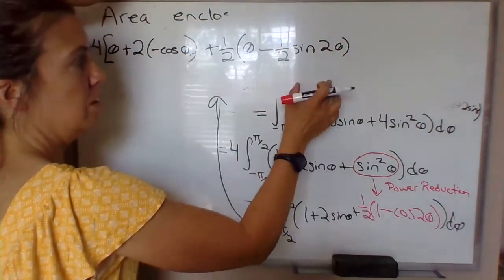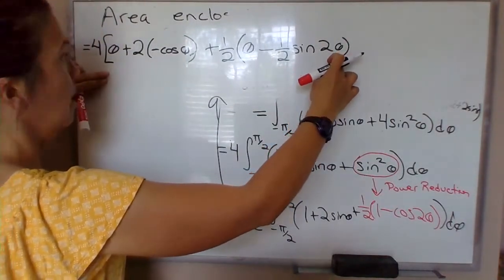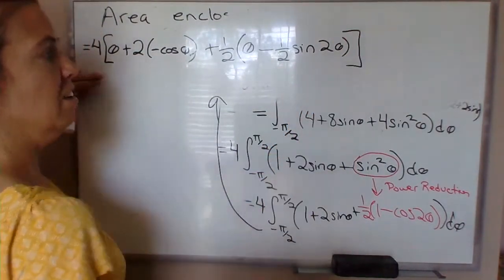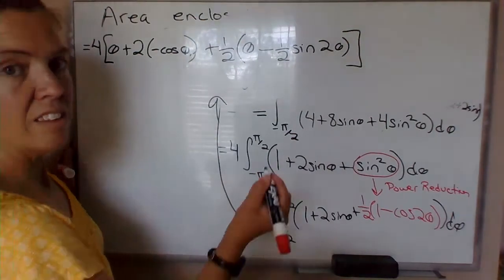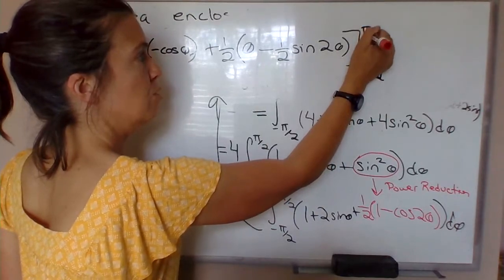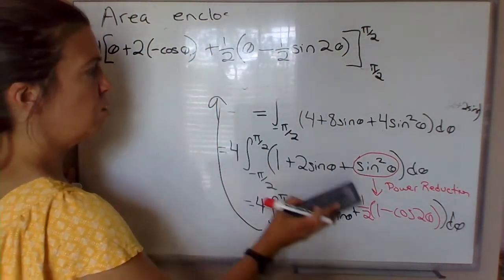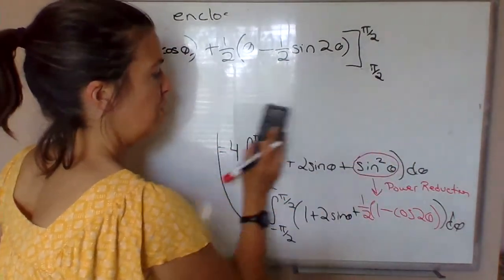There. Okay. And then we've closed this parentheses. Now we need to close the bracket here on our antiderivative. And this is evaluated from negative pi over 2 to pi over 2. Okay, I still want to clean up what's in the brackets a little bit before I plug in limits of integration.